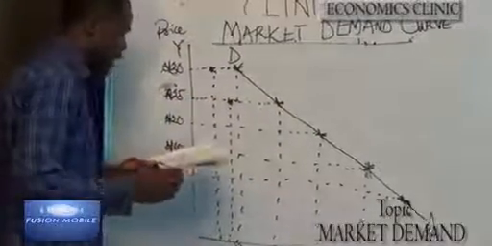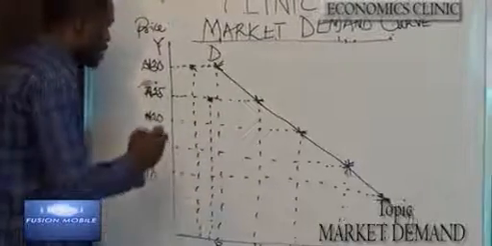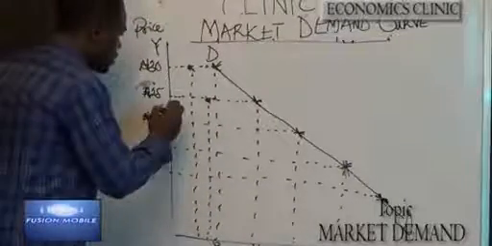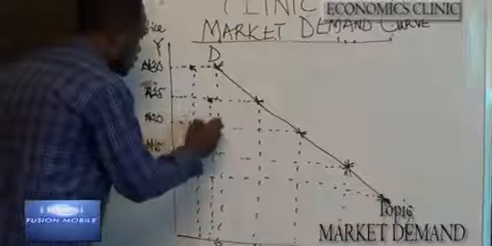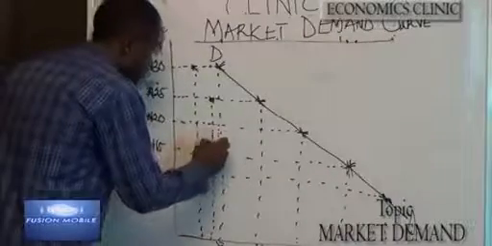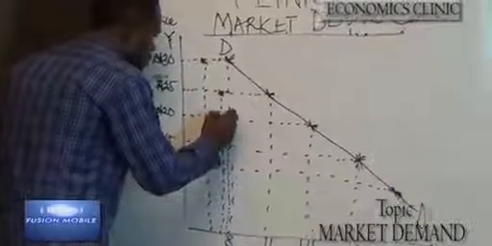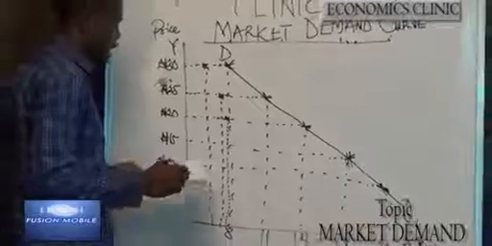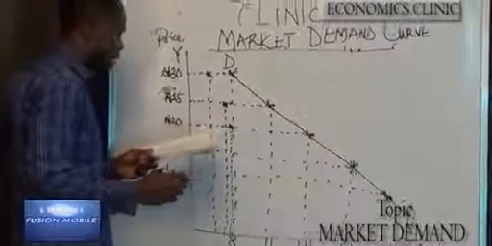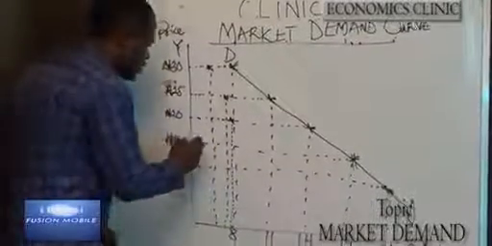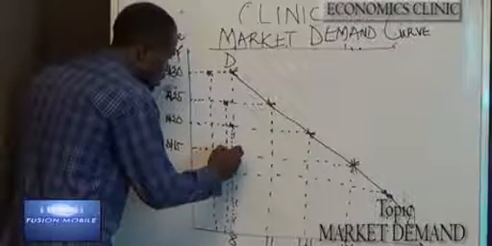At 20 naira we have 7 demanded. 7 should be a bit closer to 8. And at 15 naira, 8 quantity is demanded.